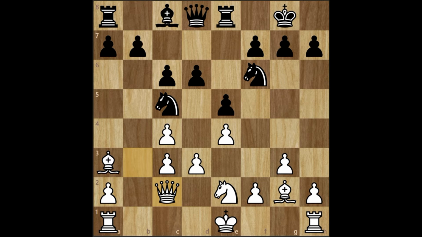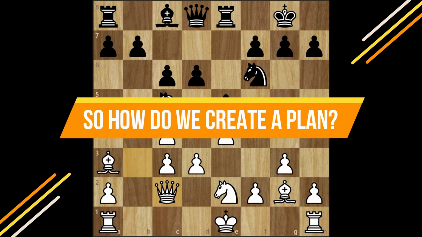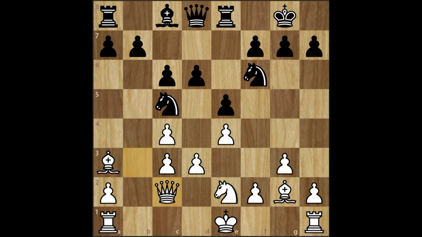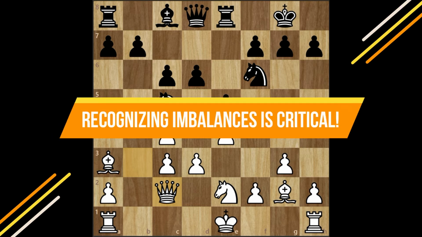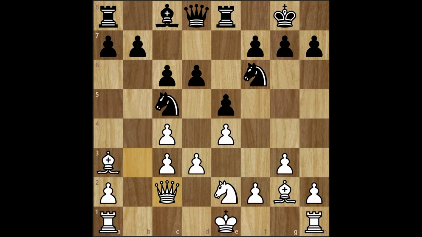And it's at this point that Jeremy Silman goes on to say, "To define the word plan does not necessarily mean that we know how to create one in an actual game. As Golombek said, this calls for the ability to recognize the existing characteristics of a position. To successfully penetrate into the mysteries of the chessboard, you have to be aware of the magic word of chess, imbalance. An imbalance in chess denotes any difference in the two respective positions.